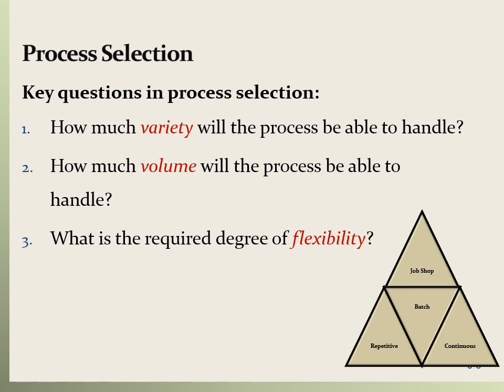So there are different processes such as the job shop, the batch, the repetitive process, and the continuous process. We're going to discuss each of these processes in the following.